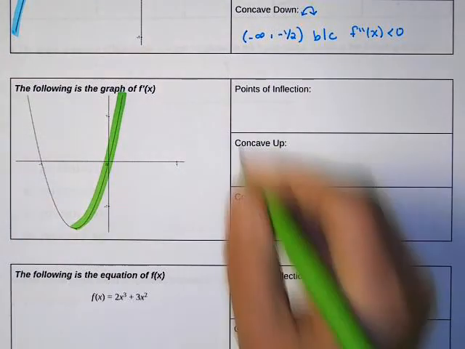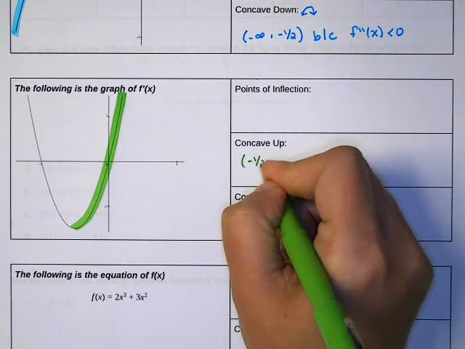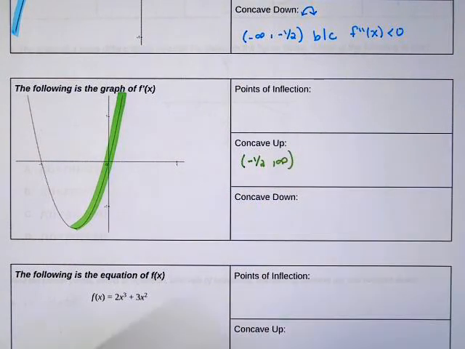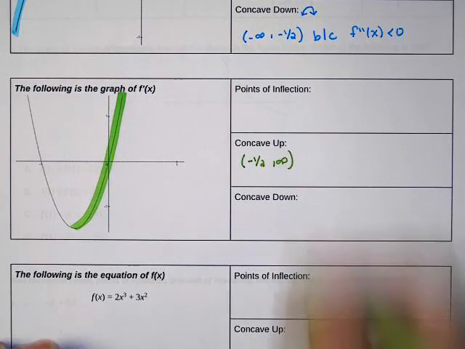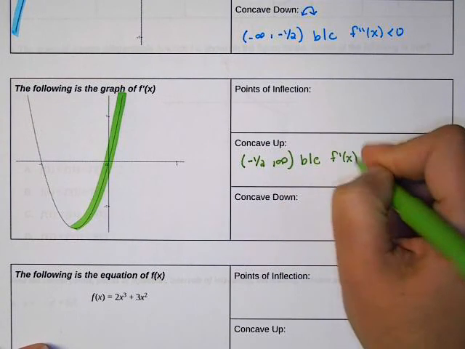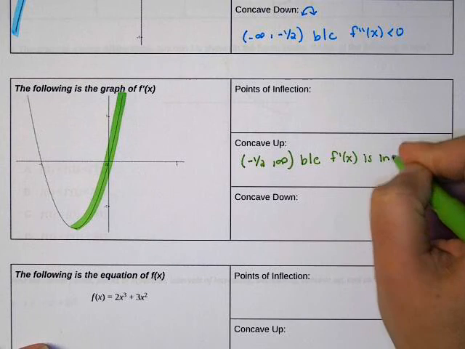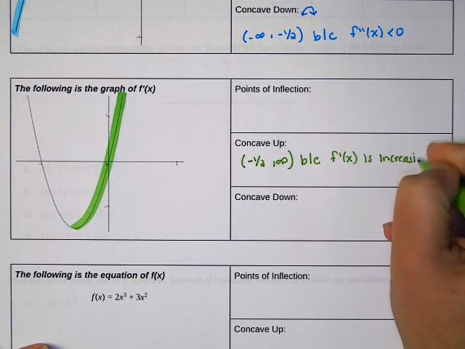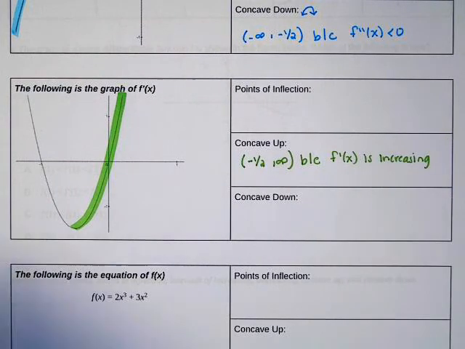That's going to be from -1/2 to infinity, but I can't use the second derivative as my justification because I don't have the second derivative here. I have the first derivative. So I would say because the first derivative is increasing. In other words, the first derivative has a positive slope.